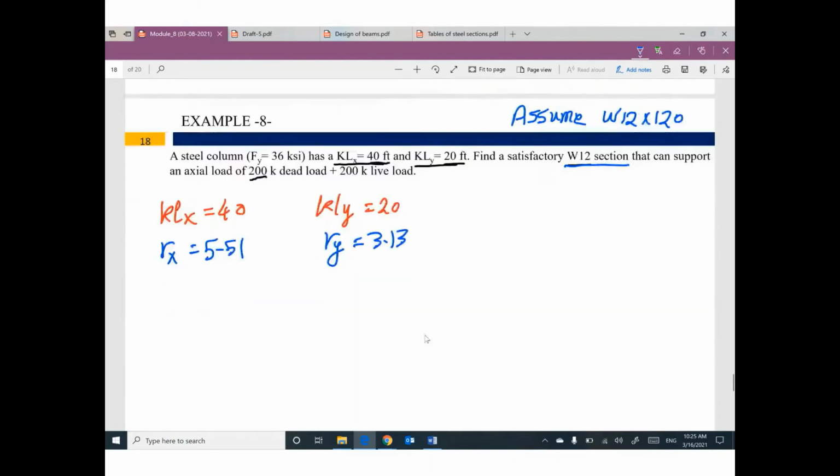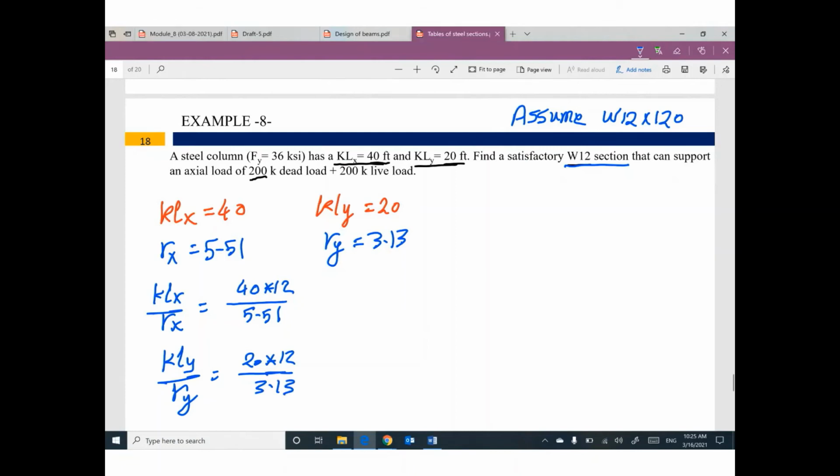Okay, go ahead and find KLx divide Rx, KLy divide Ry. Your number here will be 40 times 12 divide 5.51. This one will be 20 times 12 divide 3.13.